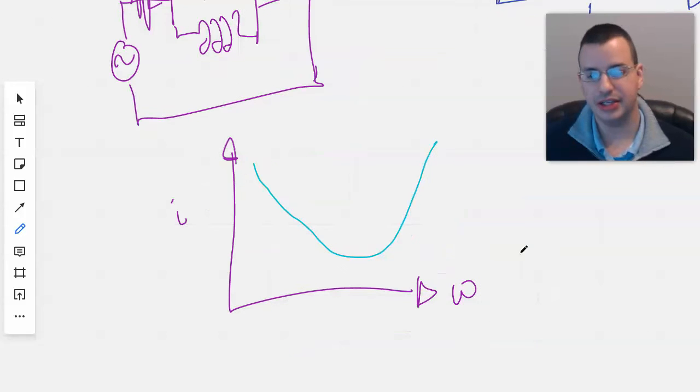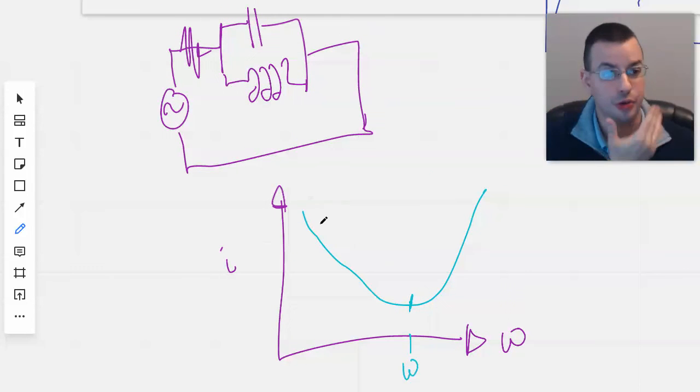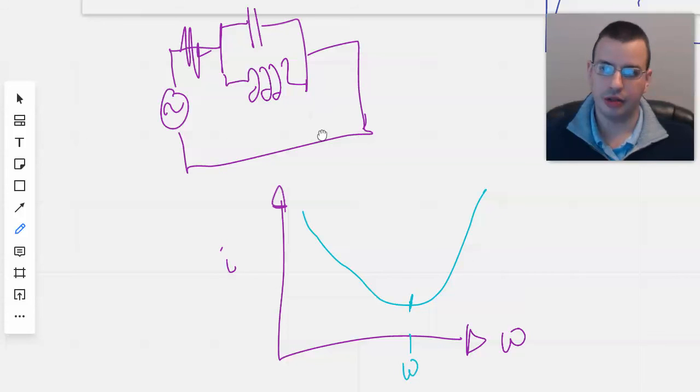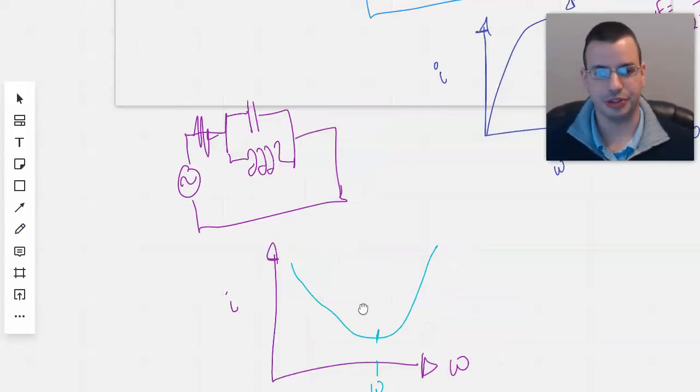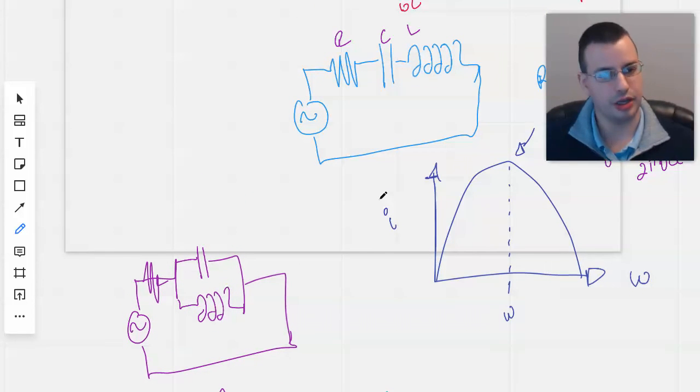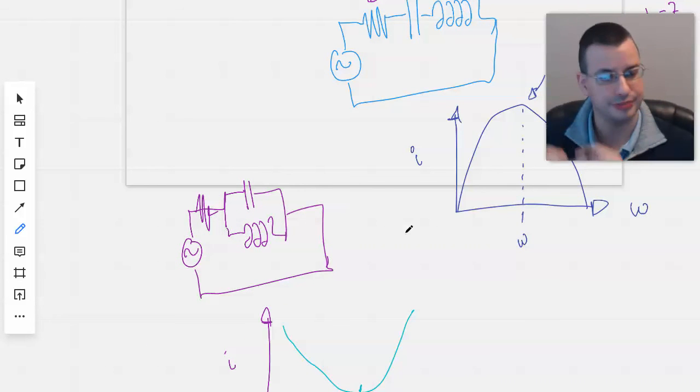And the idea here then is you have a specific frequency that has trouble getting through at all. So if you have just the right frequency, what this does is it prevents a specific frequency from going through the system, as opposed to the series configuration, which allows a specific frequency to pass through. This is filtering out that one frequency.